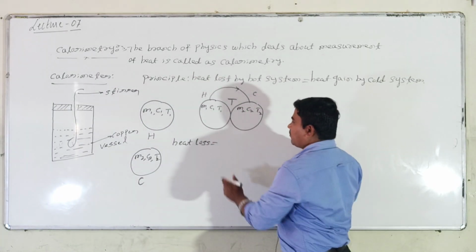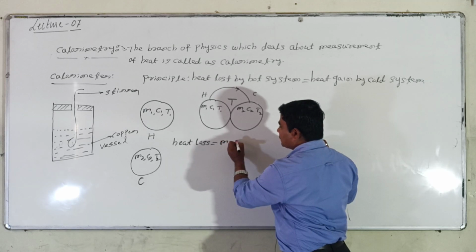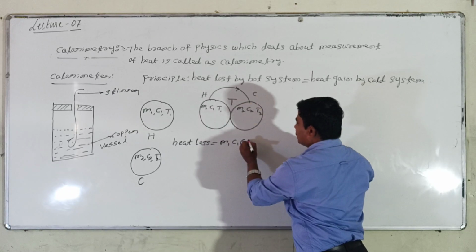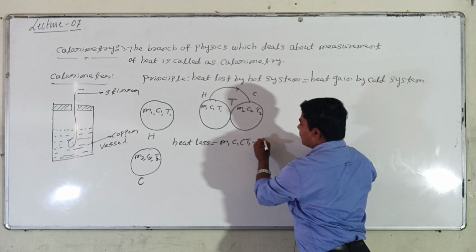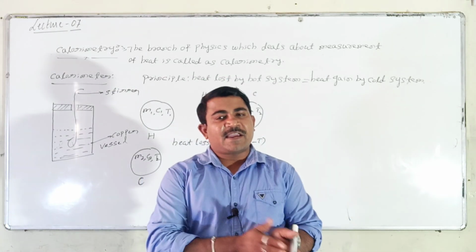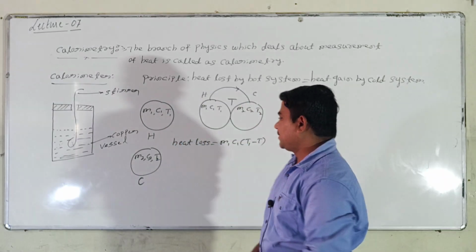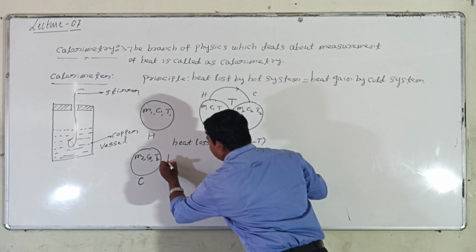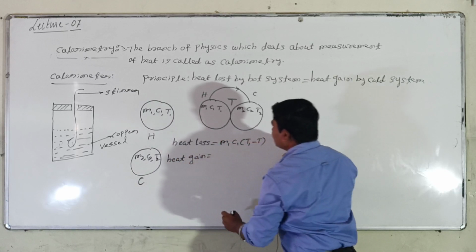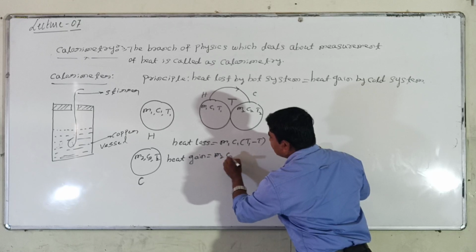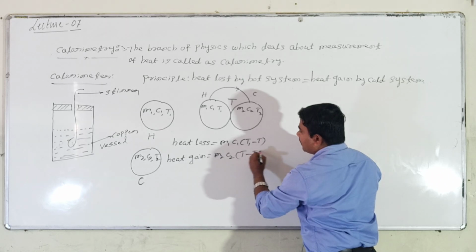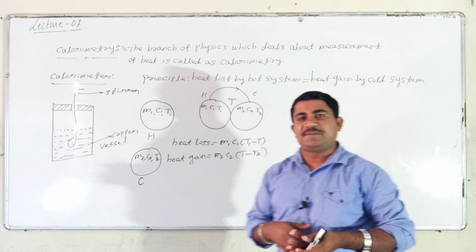For this hot system, the mass is m1, the specific heat capacity is C1, and the change in temperature is final temperature minus initial temperature, that is T1 minus T. Similarly, heat gain by the cold system is m2 C2 times change in temperature. Here T is final and T2 is initial, so I will take T minus T2, not T2 minus T.